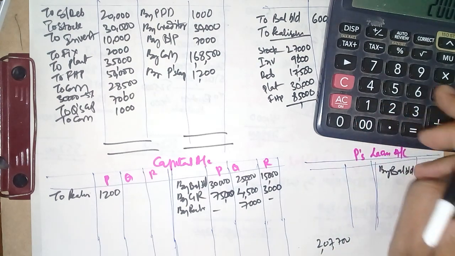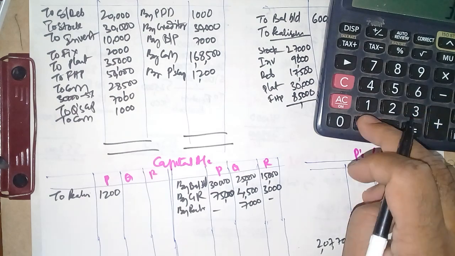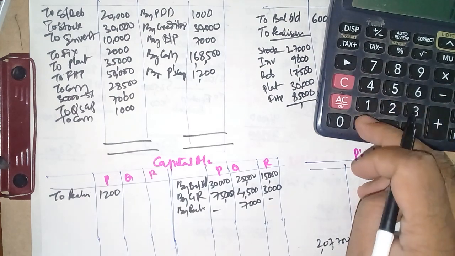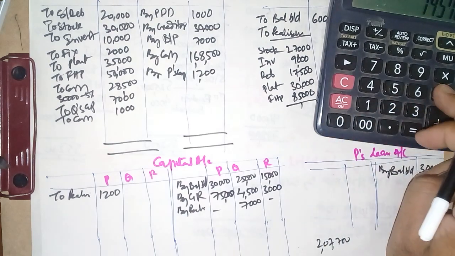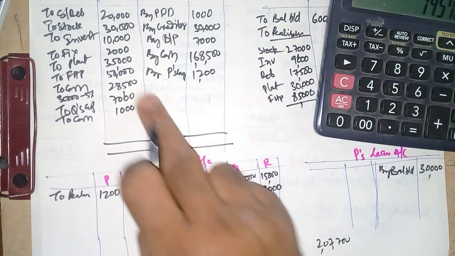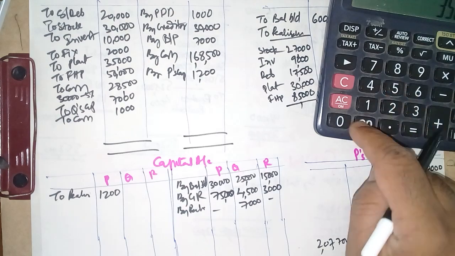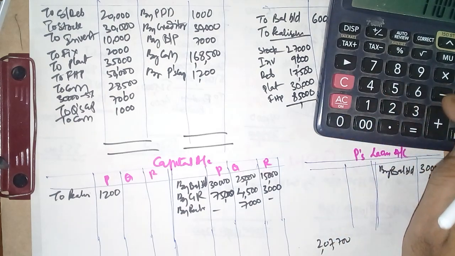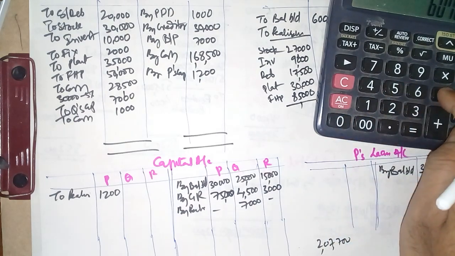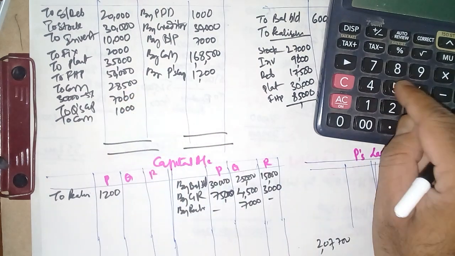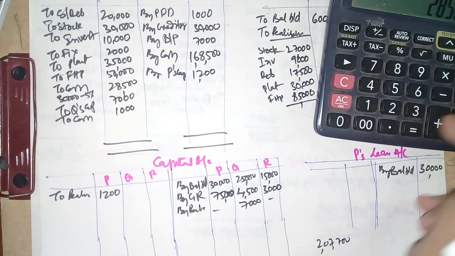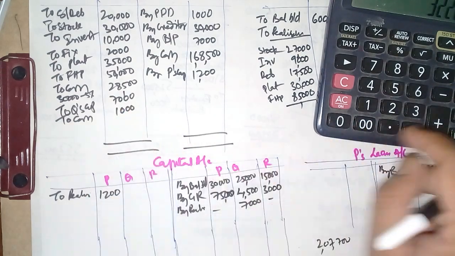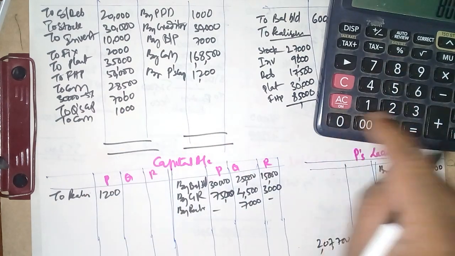Then 20,000 and 30,000, 10,000, 2,000, then 35,000, then 50,000, then 28,500, then collectively 8,000.